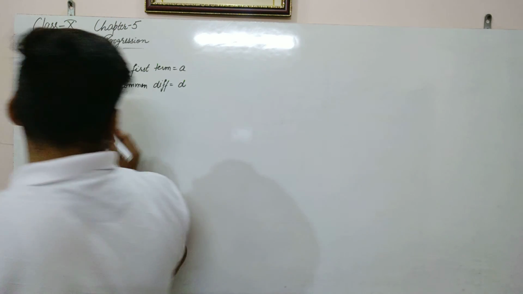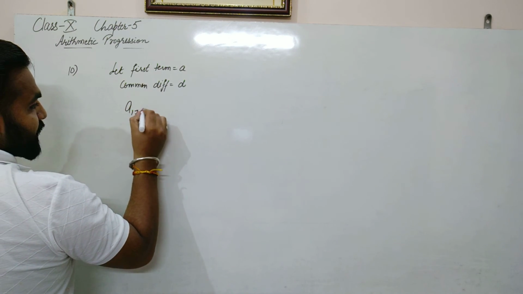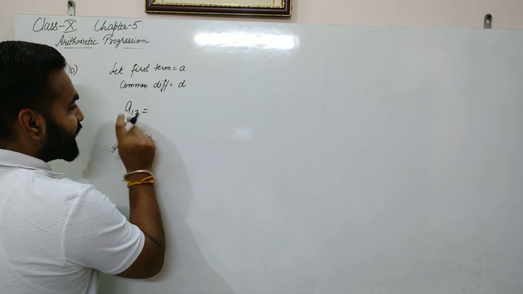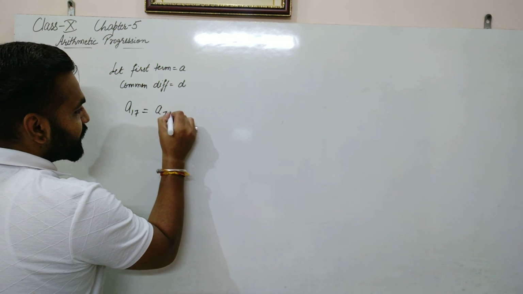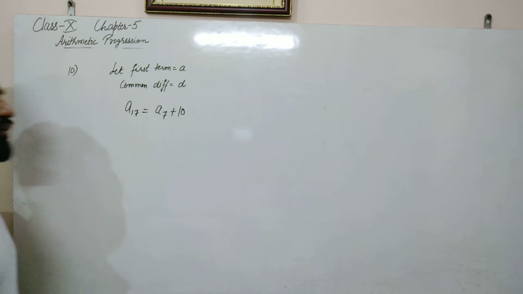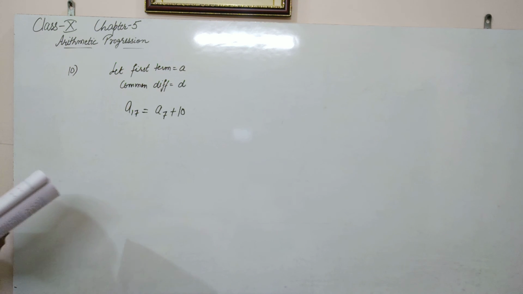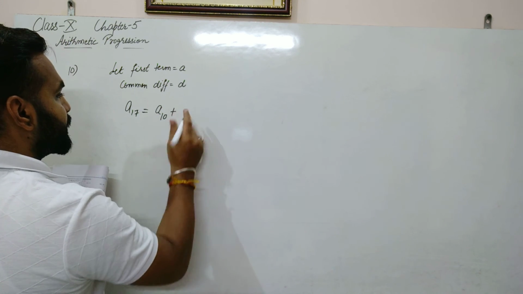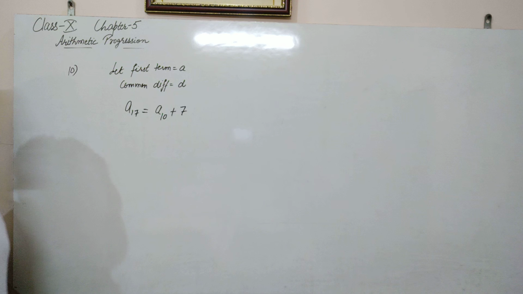That means the 17th term is 7 more than the 10th term. We can write it in this form: the 17th term is the 10th term plus 7.